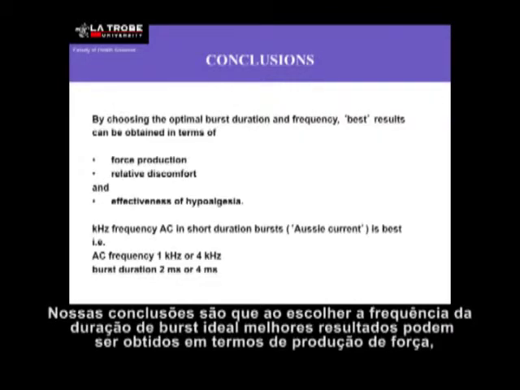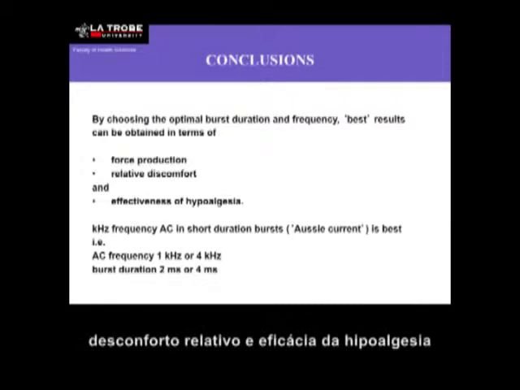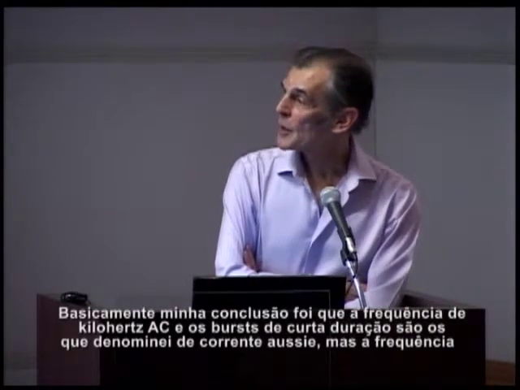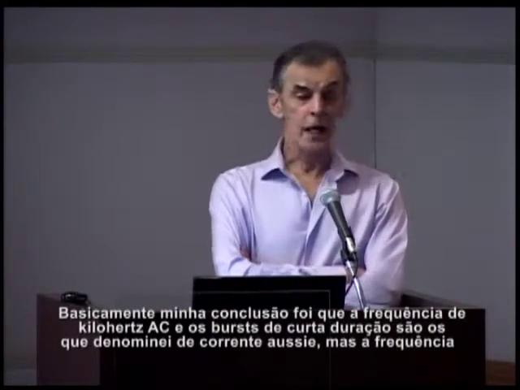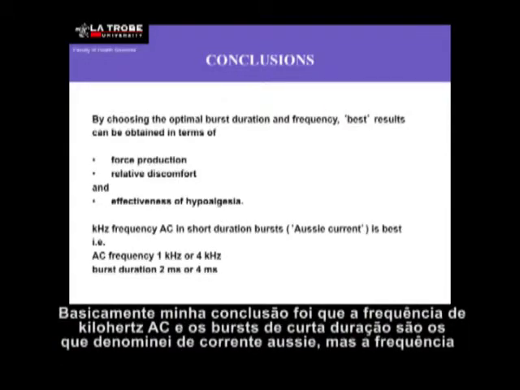So our conclusions were that by choosing the optimal burst duration and frequency, best results can be obtained in terms of force production, relative discomfort, and effectiveness of hyperalgesia. Basically, my conclusion was that kilohertz frequency AC in short duration bursts, the ones that I called Aussie currents, are best.